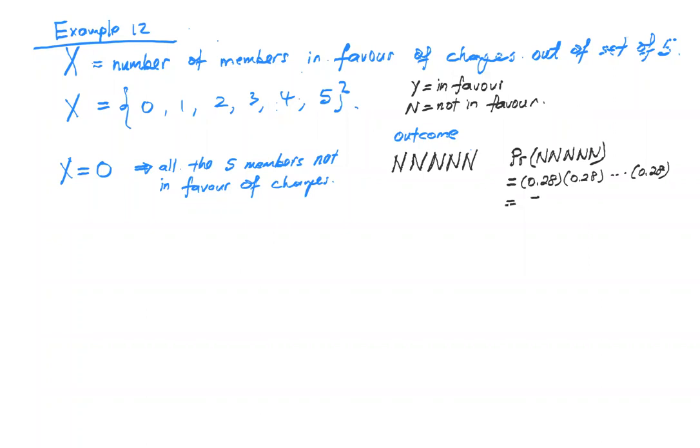To the power of 5. So that's why we said that it must be an independent trial, so that the probability of in favor and not in favor for each member are the same.